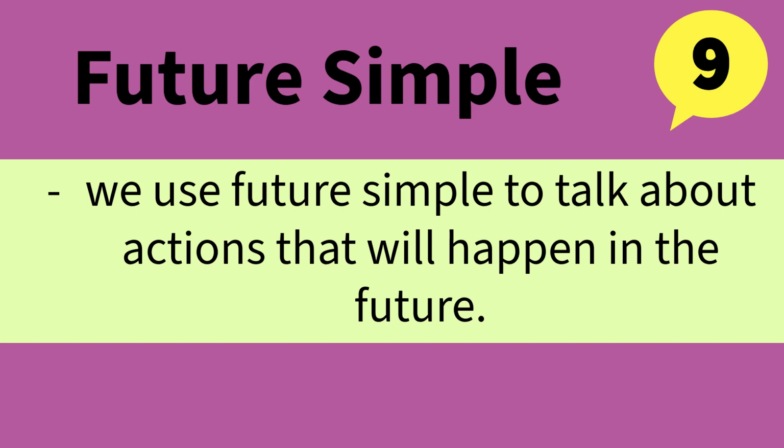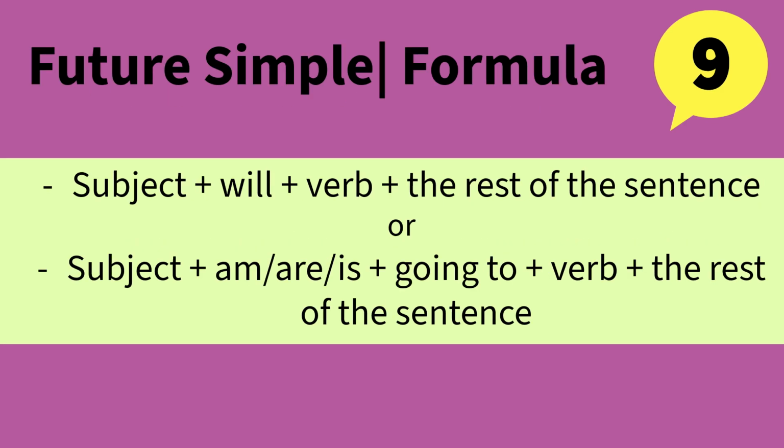Now let's take a look at the 4 future tenses. The ninth tense is the future simple tense. We use future simple to talk about actions that will happen in the future. To form future simple, we use this formula: subject plus will plus verb plus the rest of the sentence.